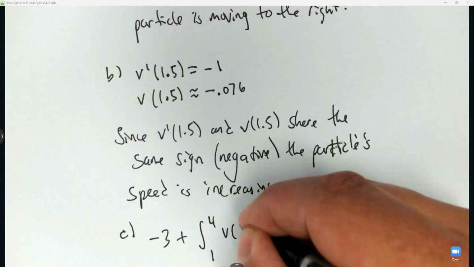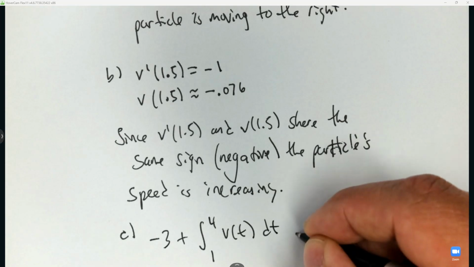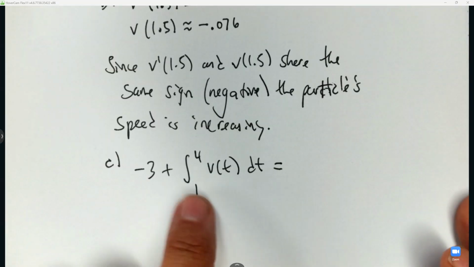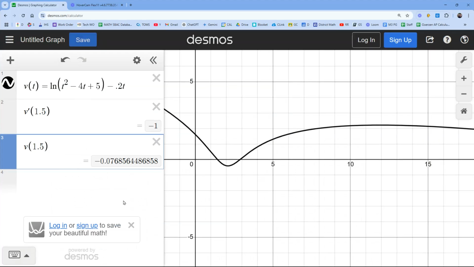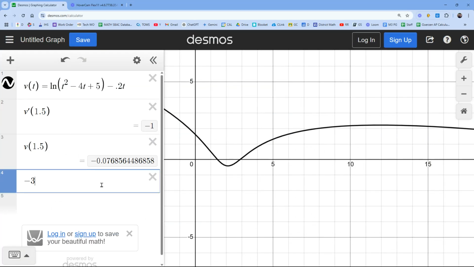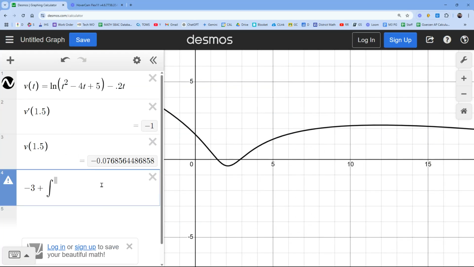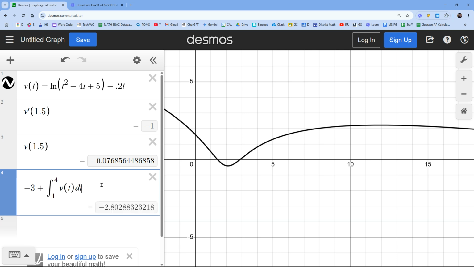And we integrate the velocity. And that will give me the position. So I'm going to come back here. So -3 plus, we're going to integrate from 1 to 4, the velocity, and get our answer. So the answer is -2.802.